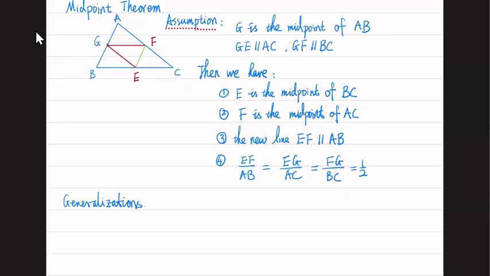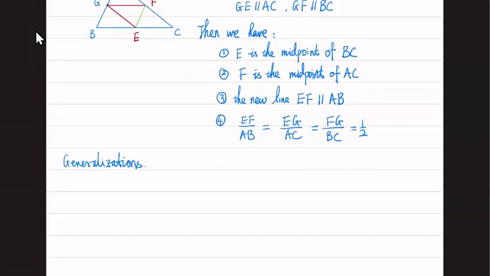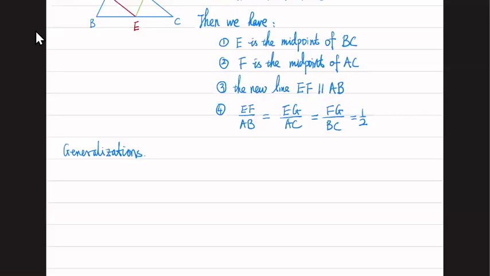I will redraw a triangle. So instead of the midpoints, I can find the 1/3 and 2/3 points.